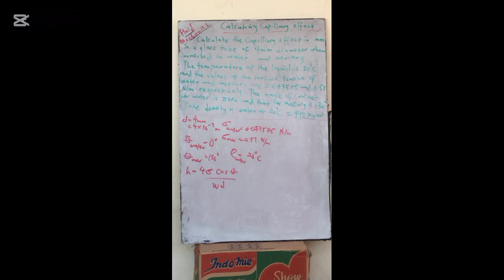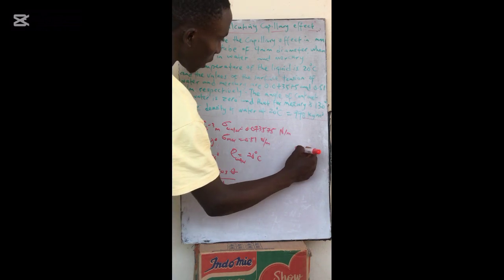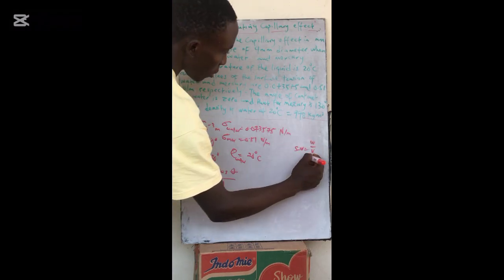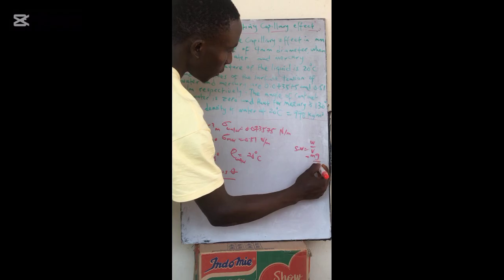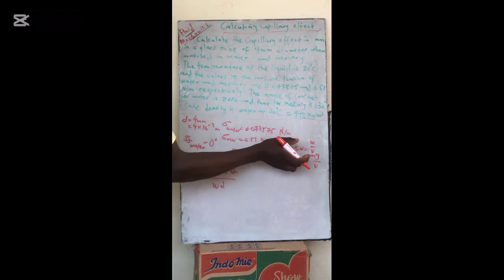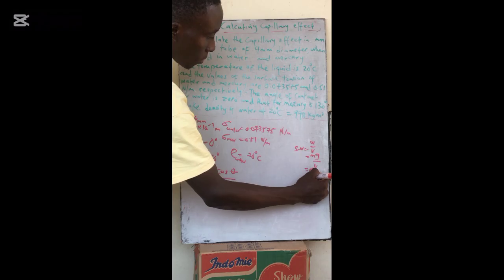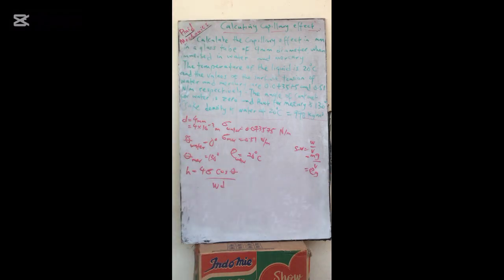We are going to be calculating the specific weight, and since we have the density here, we can calculate the specific weight. Remember that specific weight is weight over volume. So what is weight? Weight is mg over v. From here we can take our density, which is mass over volume. So you will have the specific weight as density multiplied by gravity.